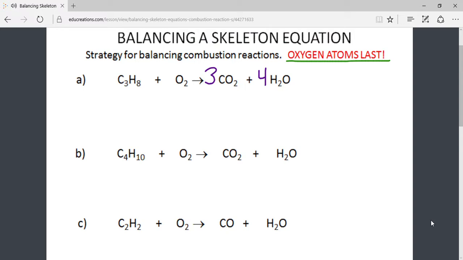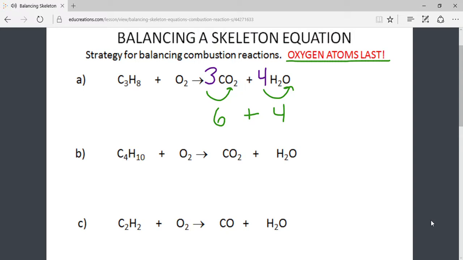Now we will need to add the oxygen atom sum total from the product side so we can begin to balance oxygen. We can see from carbon dioxide 3 times the 2 oxygen that were already present creates 6 oxygen atoms, and from water 4 times the 1 oxygen atom that was already present creates 4 oxygen atoms. Therefore, 6 plus 4 gives us the sum total of oxygen on the product side, or 10 oxygen atoms.